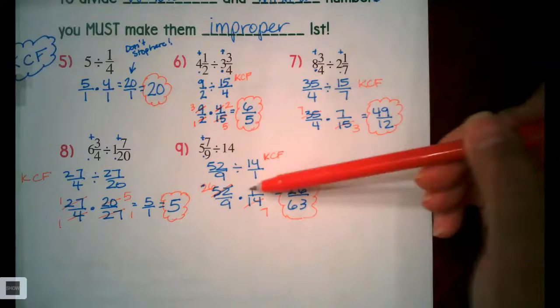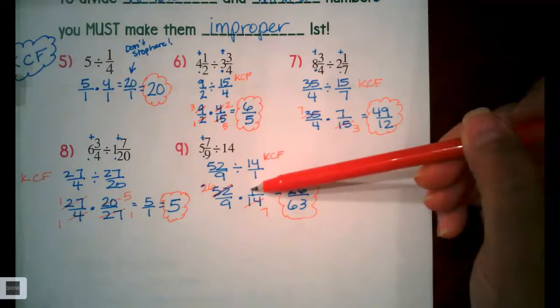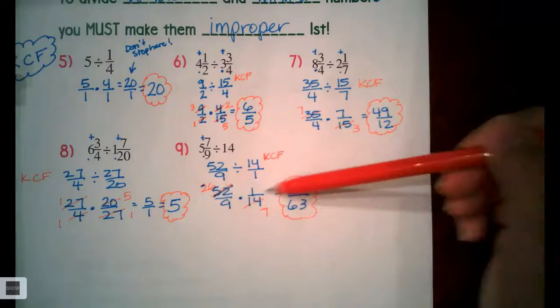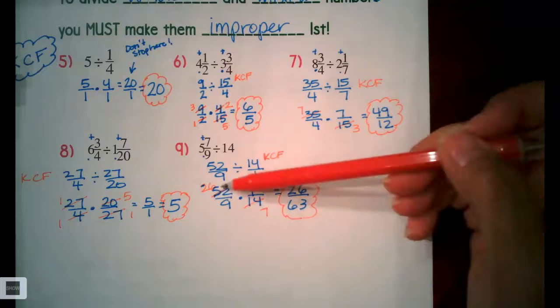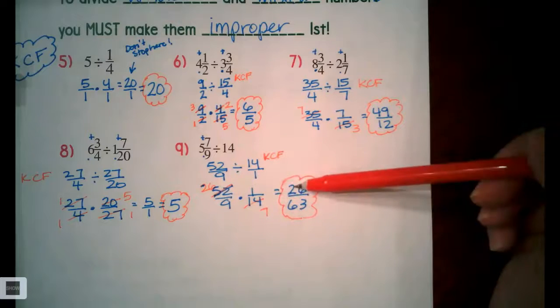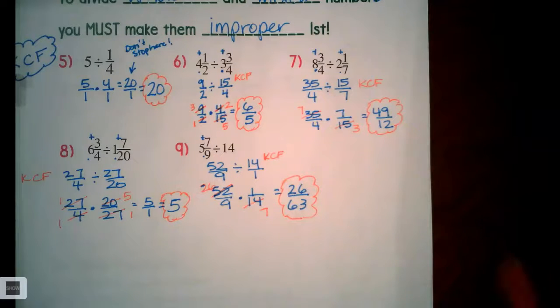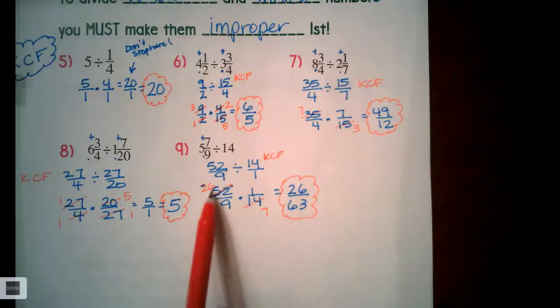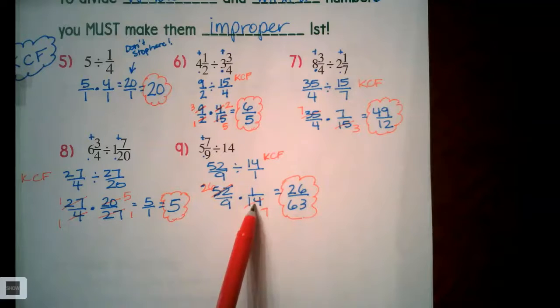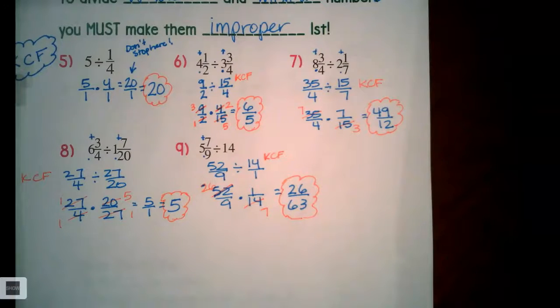And this one was a little harder. But if you didn't simplify before you did your multiplying, your answer would have been 52 over 126, and then you probably would not simplify that correctly. So don't give up on these crazy bigger numbers. They're both even, so you know 2 would go into both. If you need to, pause the video and fix your papers.